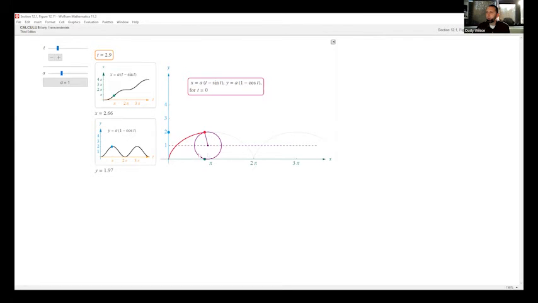Think about a wheel, and the wheel is rotating, and we're asking what curve is traced out as that fixed point rolls along the road.